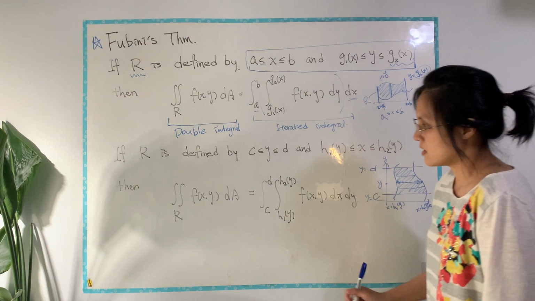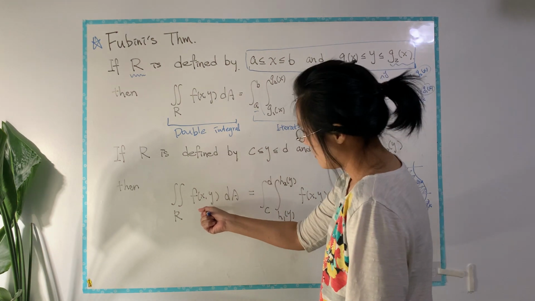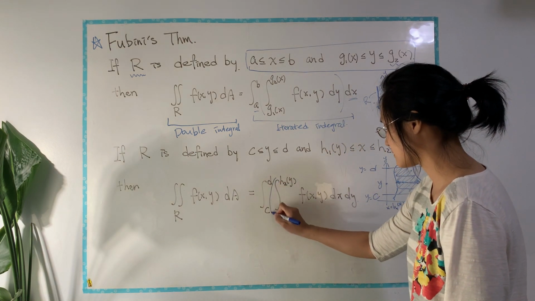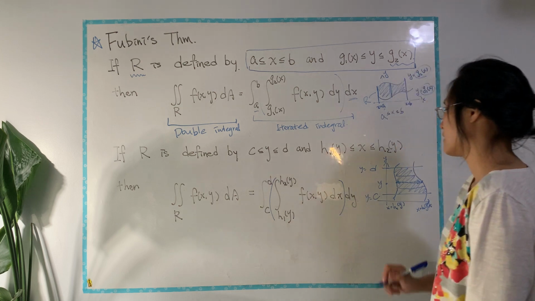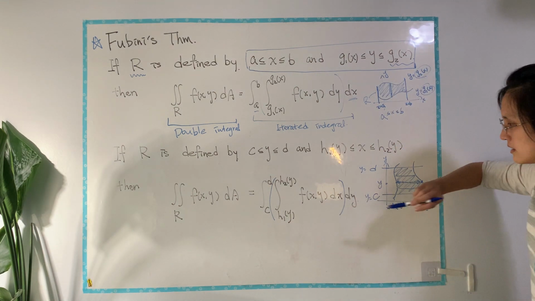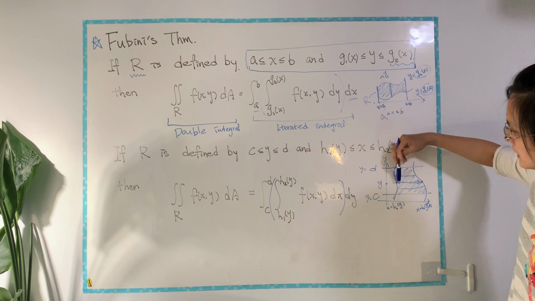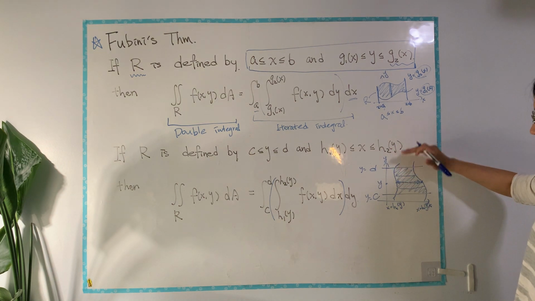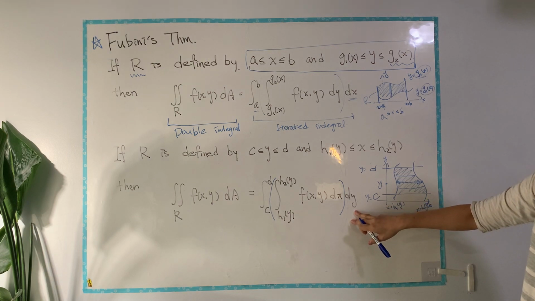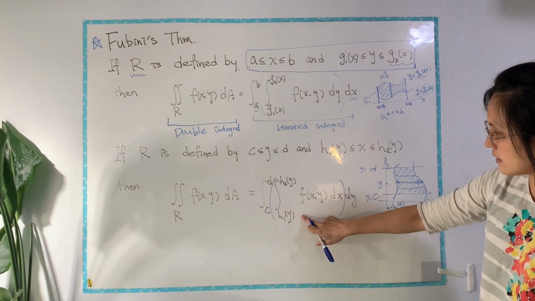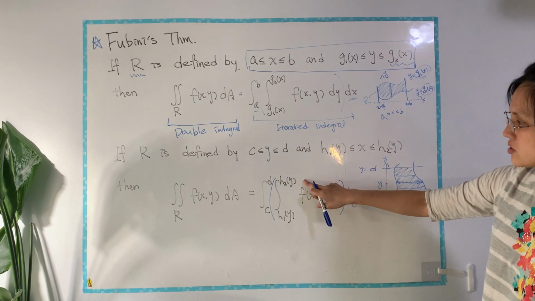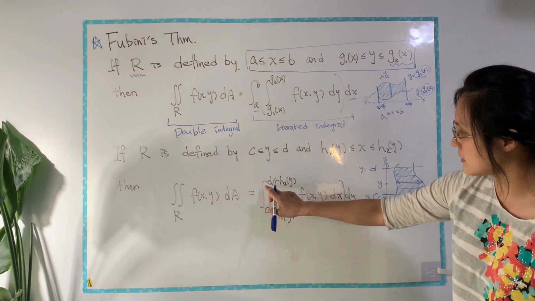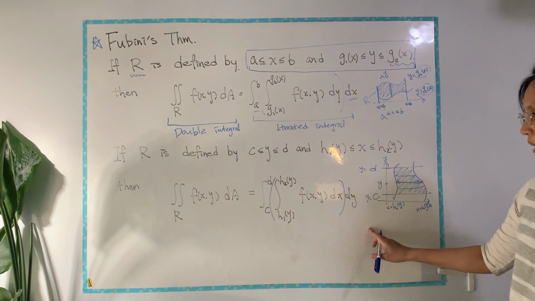So in this case the double integral will be evaluated by this iterated integral, where you integrate with respect to x first, and then you scan through the y direction, so integrate with the y layer. Lower limit h1 on the bottom, upper limit h2 on the top, and lower limit c on the bottom, upper limit d on the top, like that.